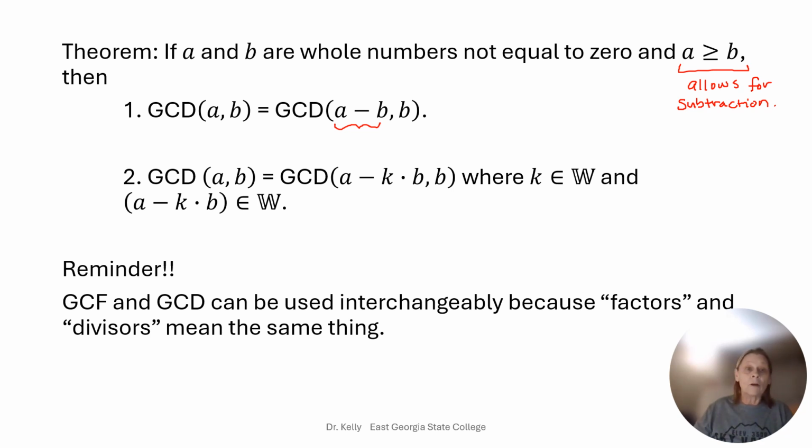It goes on to say that the GCD of A and B is equal to the GCD of A minus K times B, a multiple of B, where K is an element of W. This is some notation, and I can't recall if I've brought it up before, but the symbol looks kind of like a weird E, and it means "is an element of."